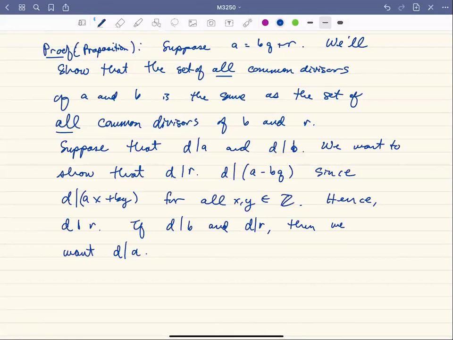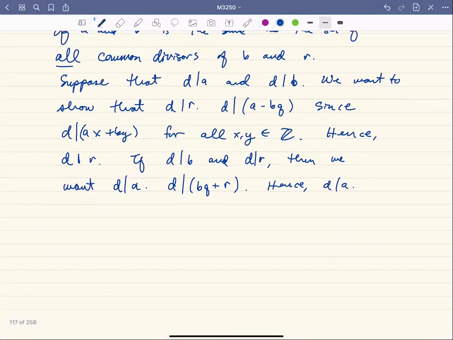The reason is that d divides every linear combination of b and r. So by the same reasoning, d divides bq plus r. In this case, the linear combination of b and r that we're looking for is bq plus r. Hence, d divides a. So this is enough.